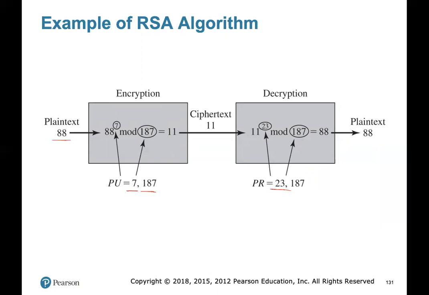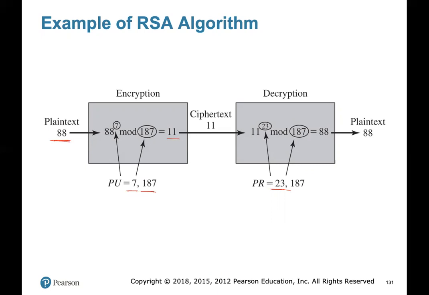So we get the 88, we calculate 88 to the power of 7 mod 187. And it's going to result in 11.